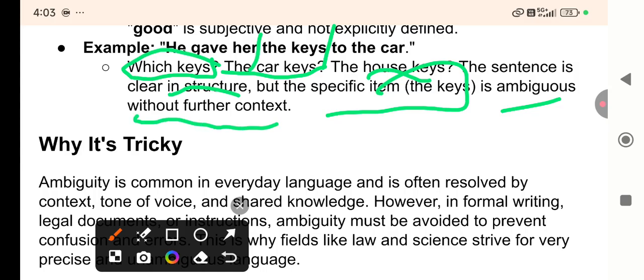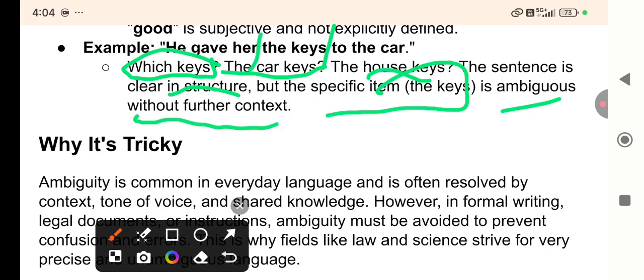So, he gave her the keys to the car when he closed the door, or when he was leaving for the office. So he gave her the keys to the car when he was leaving for the office. Then it would be more clear what keys are given, house keys are given, right?